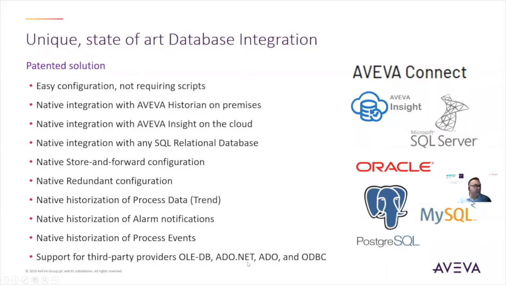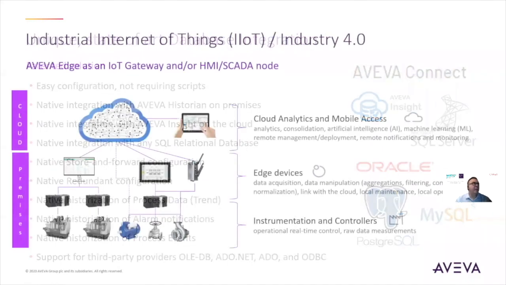Now, all of these basically say what I just mentioned, third-party support, but not only data logging, but alarms and events as well, and really being able to trace and track what's going on in your production environment, your application.